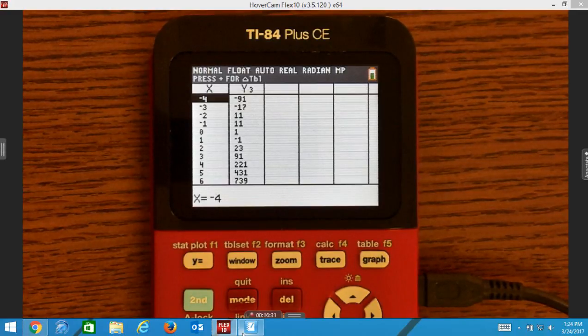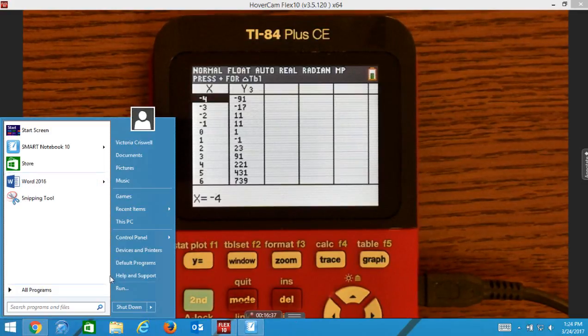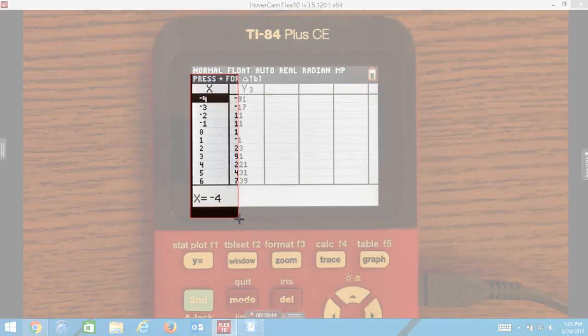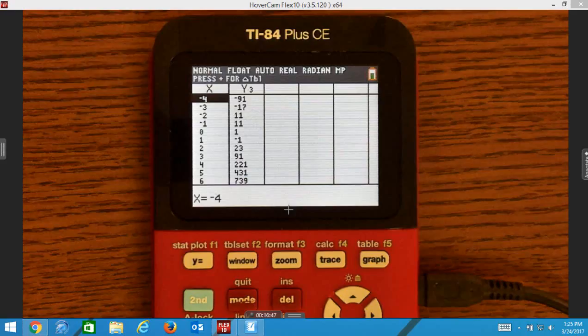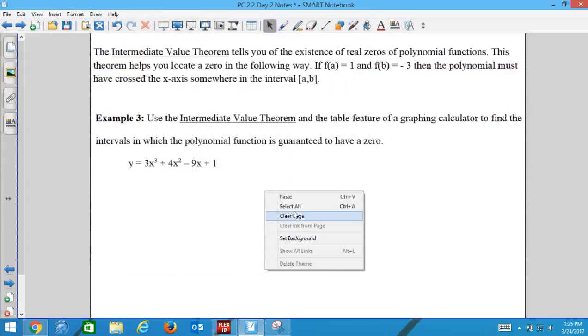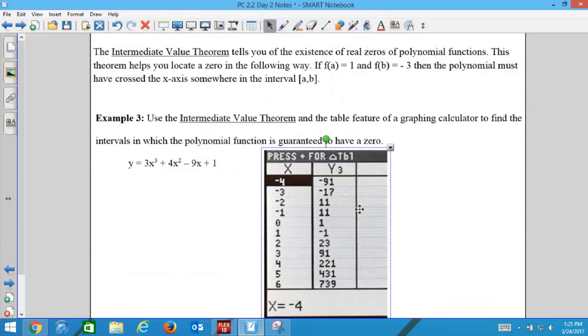The intermediate value theorem is asking for an interval where there's a sign change for your y values. I'm going to just take a screenshot of this so I can write on it. So you guys have this in front of you?